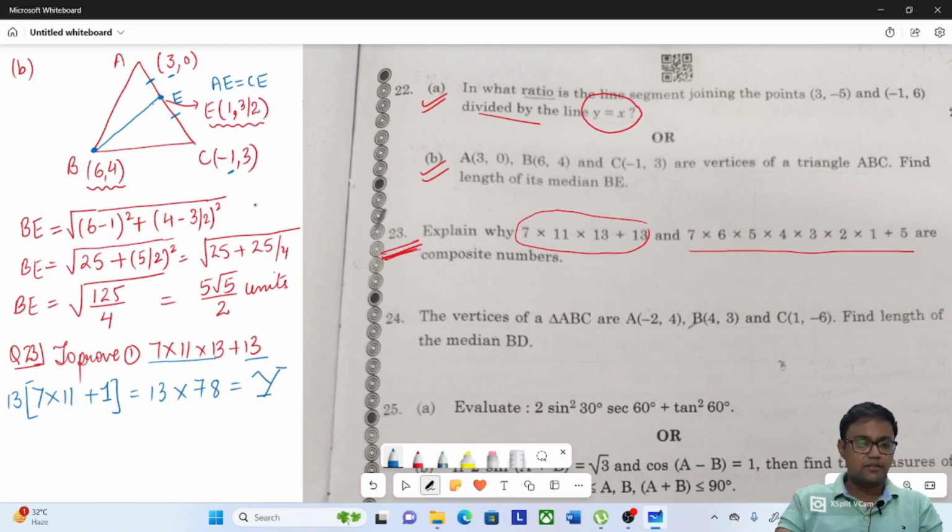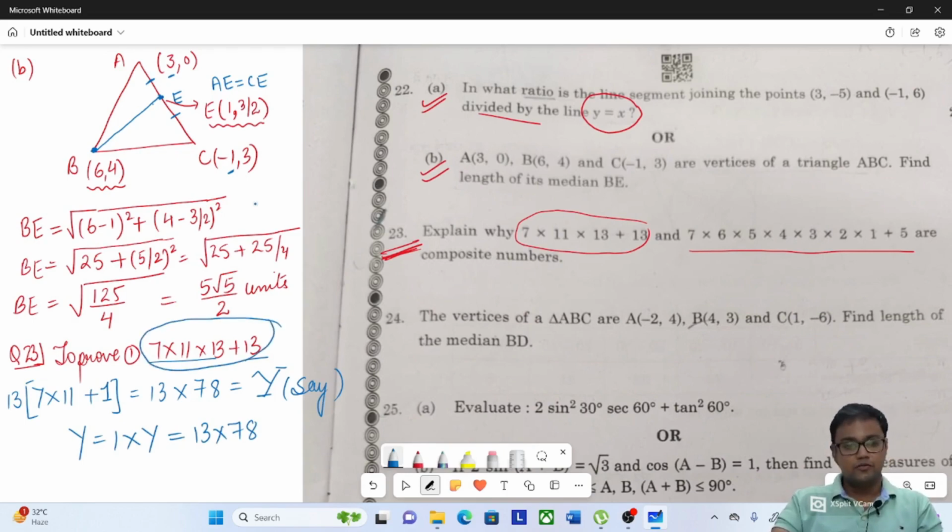Let us say this is y. Though we can write y as 1 into y like a prime number, it can also be written as 13 into 78. This shows that the number y, or the expression you were given, is composite. So we have done these.